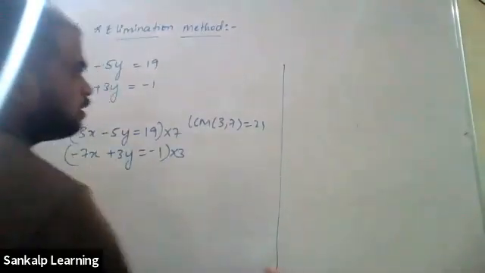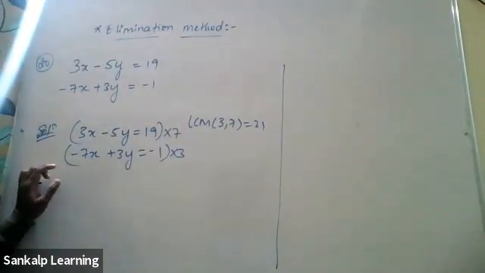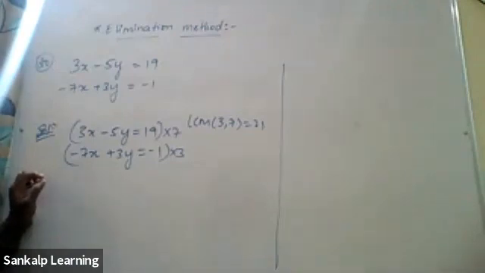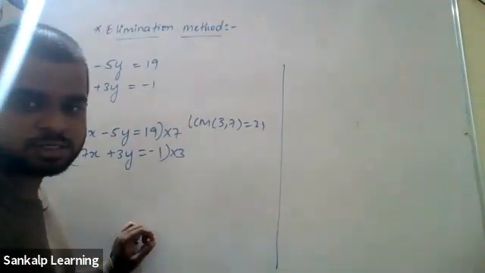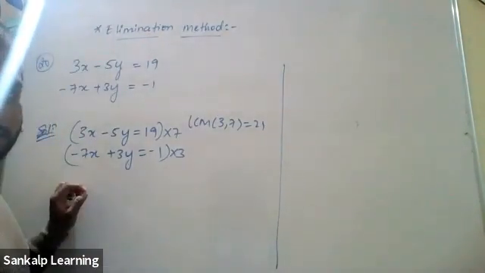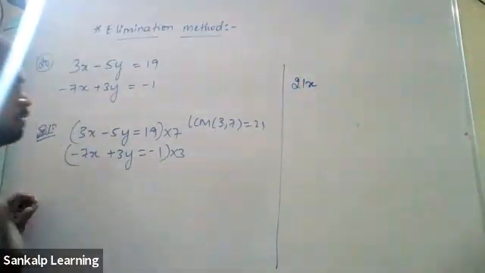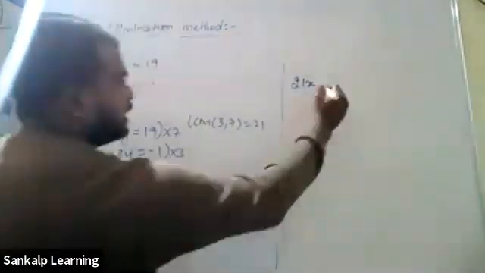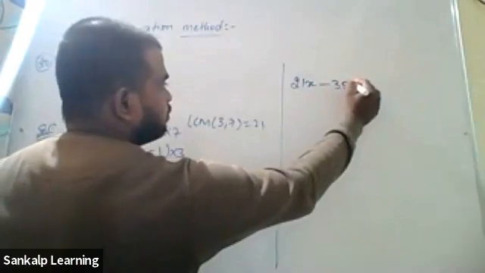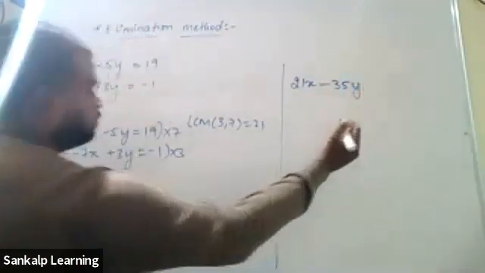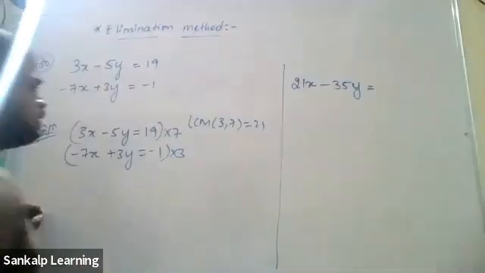Yes, Sinchana, go on. Continue. What should I write? Okay, did I say Sanchana? I'm sorry. Trisha, continue. Sir, 3 into 7 is 21. 21x plus 35y minus 35y is equal to 63. 9 sevens are 63.